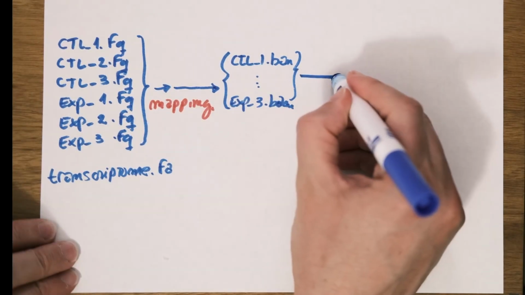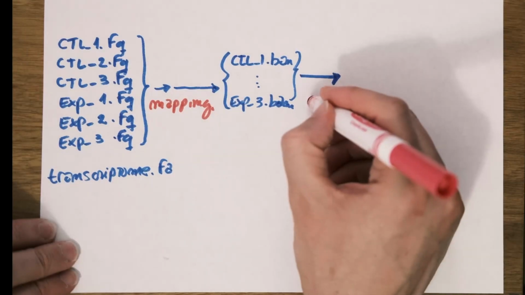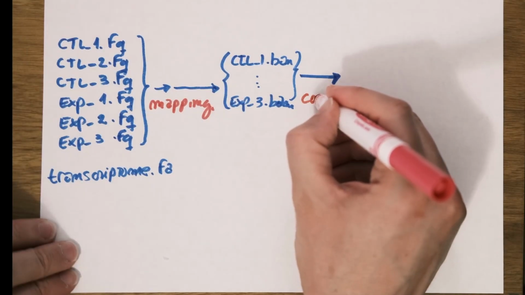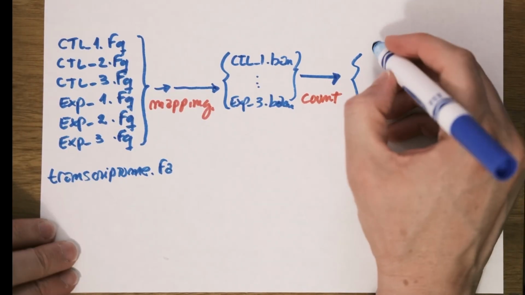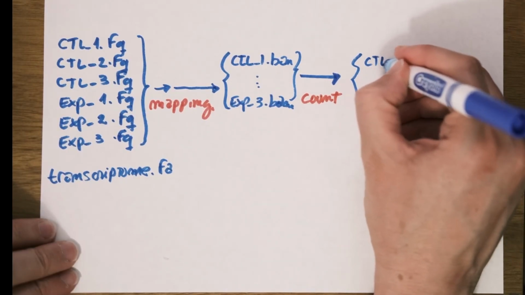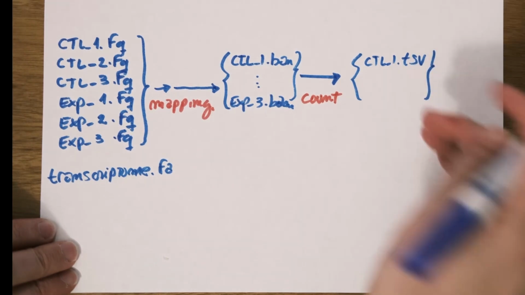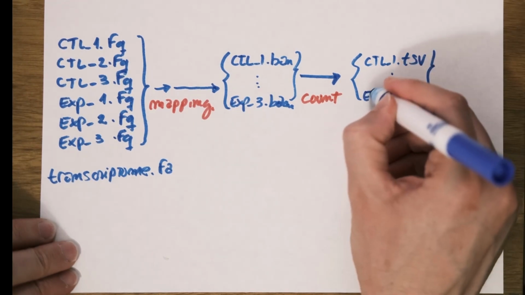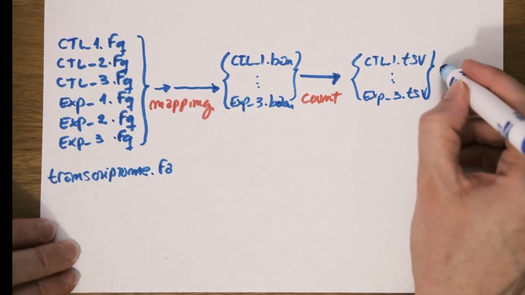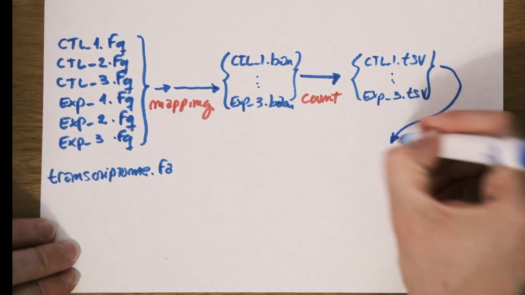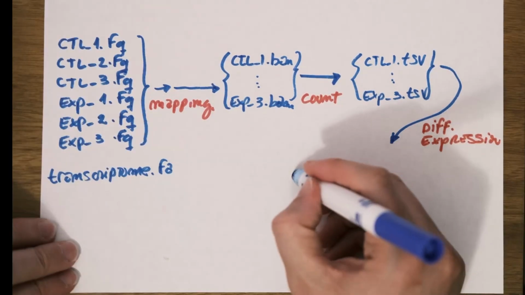Then these map files, we are going to use them to count how many of the reads map to the different transcripts. So we will count here, and we will get these TSV files from control 1 again, TSV with the number of reads for each of the transcripts, and the same for the experimental till experimental 3 TSV. And finally we will do the differential expression analysis, and we will get this table for each transcript.